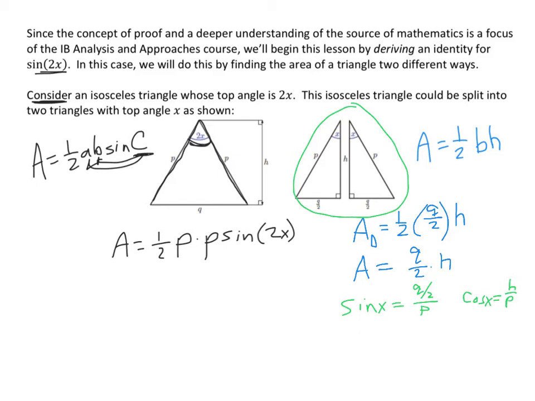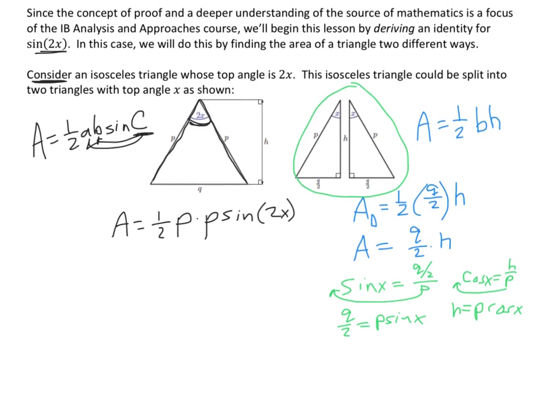Okay. So now let's see here. If I were to move these p's over to the other side, I could get that q over 2 is equal to p sine x, and I could get that h is equal to p cosine x. Okay. Now, we're actually almost there.